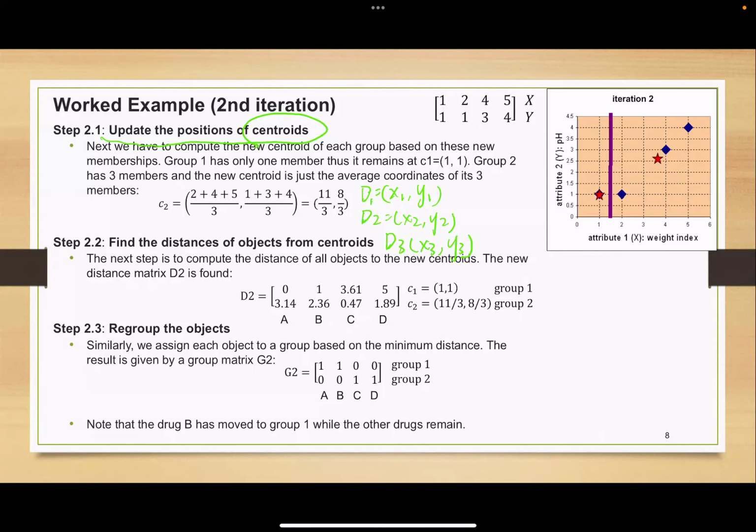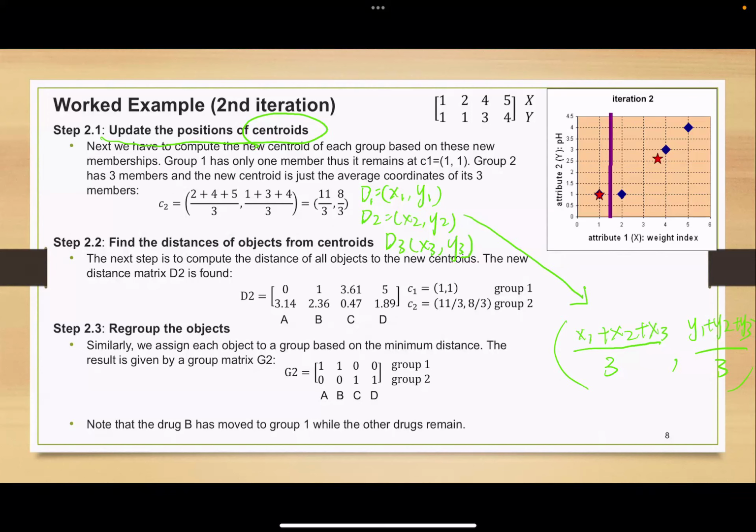Suppose we have these 3 data points, and the centroid of these 3 data points should be X1 plus X2 plus X3 over 3, okay? And then Y1 plus Y2 plus Y3 over 3. So it's the mean value of the coordinates. This is the centroid, or we say the center of the data group. And then we use this center of the new data group as the new centroid.